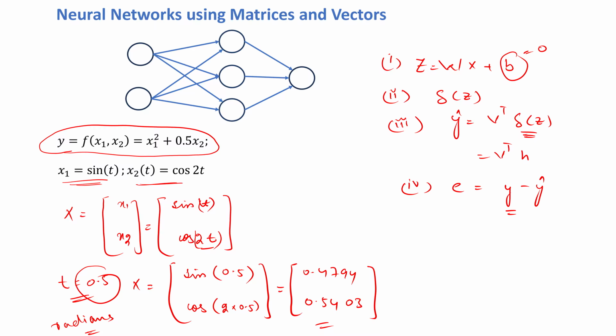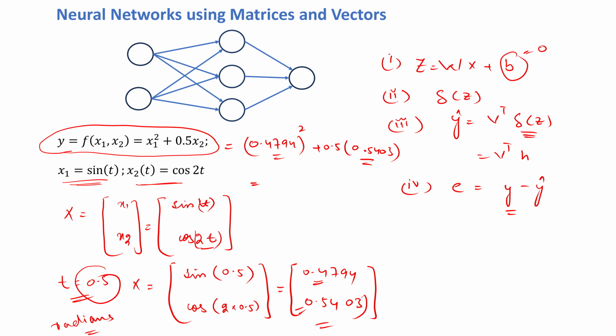So let's find this y as well. When I substitute these x values, this is x1 and this is x2, what will be the value of y? It will be 0.4794 squared plus 0.5 times 0.5403, which is obtained from here, and this is x1.